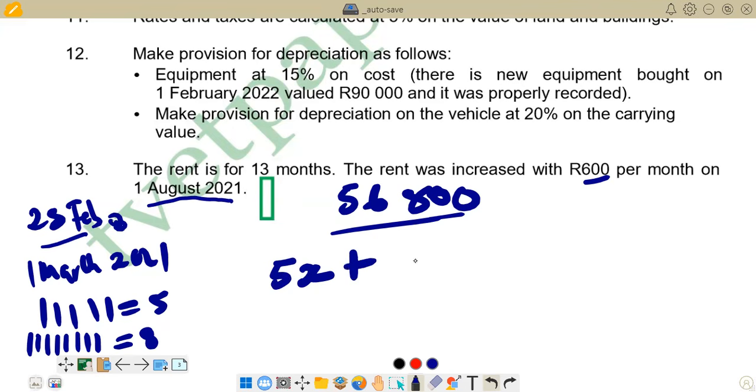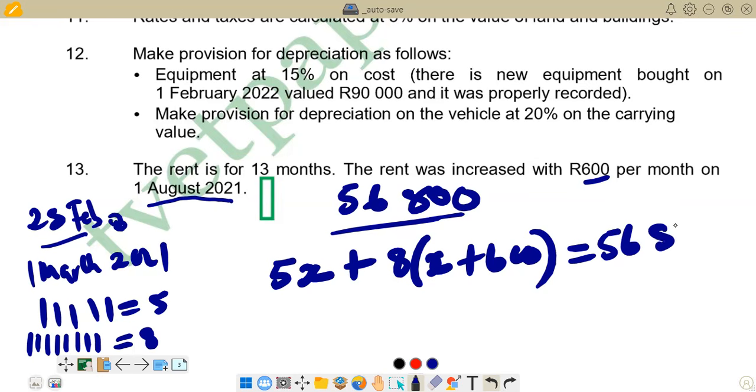Then we add, when it was increased, we have 8 months times X, increased by 600, so X plus 600. And the total we are supposed to get is the figure representing all the rent received for the period, 56,800.